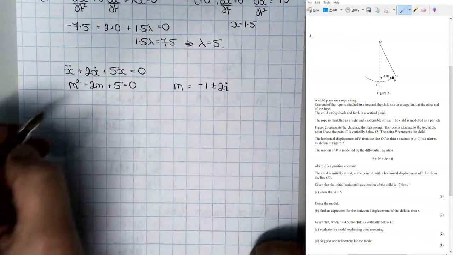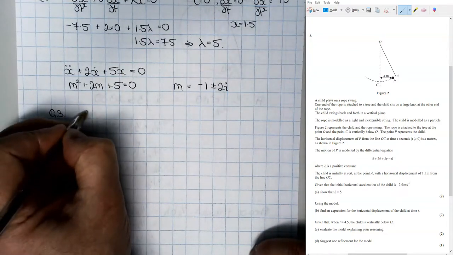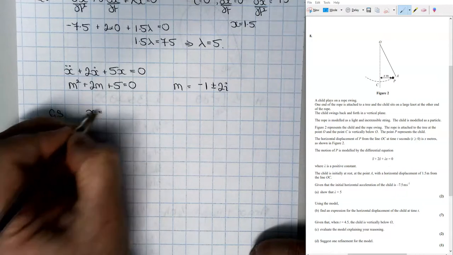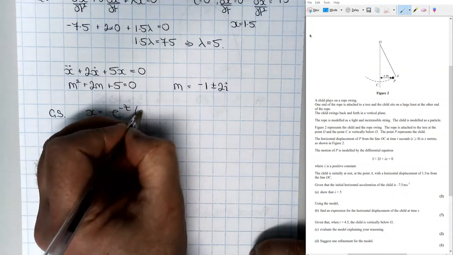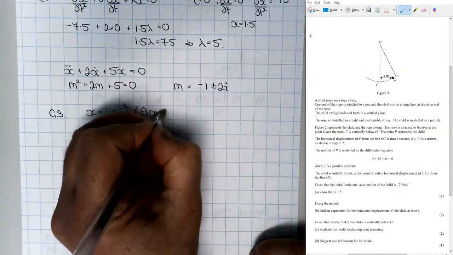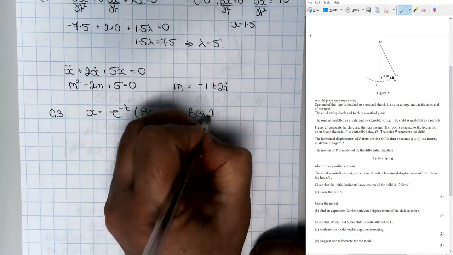Okay, so that gives us the general solution of x equals e to the minus t times (a cos 2t plus b sin 2t).